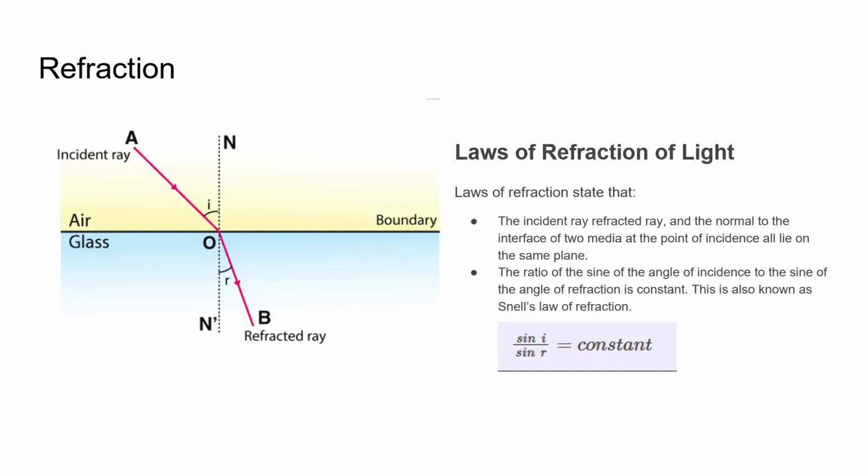Now moving on to another property that light shows, which is known as refraction. Refraction happens whenever there is a change in the optical density of the material.